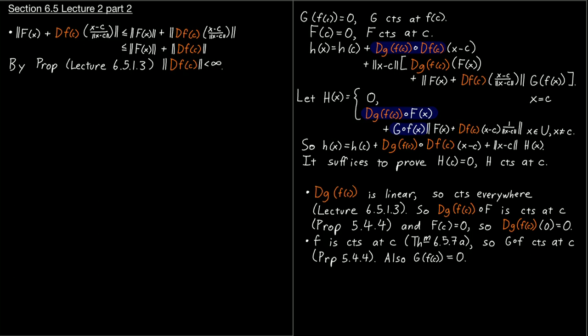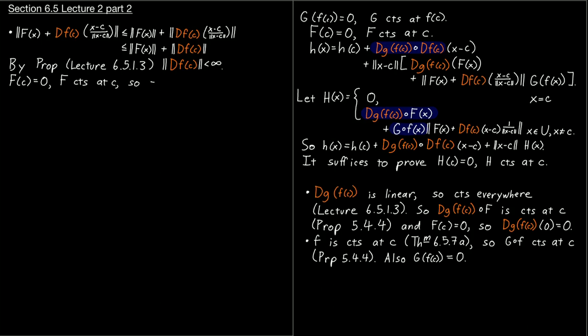It's not 0. This piece isn't going to go to 0, but it is finite. Now, we also have that f of c is 0. F is continuous at c.